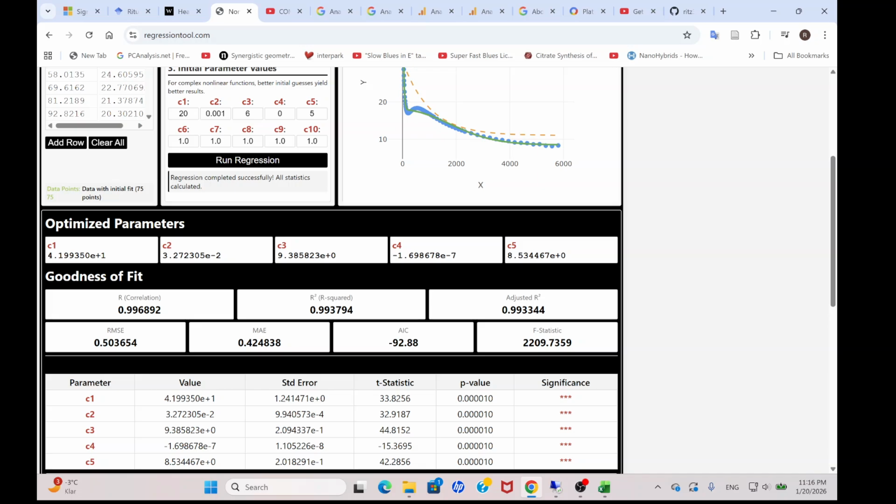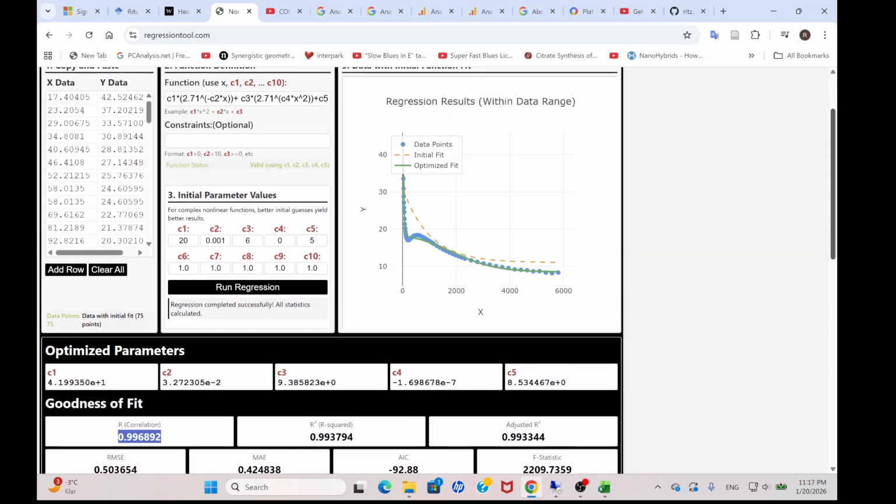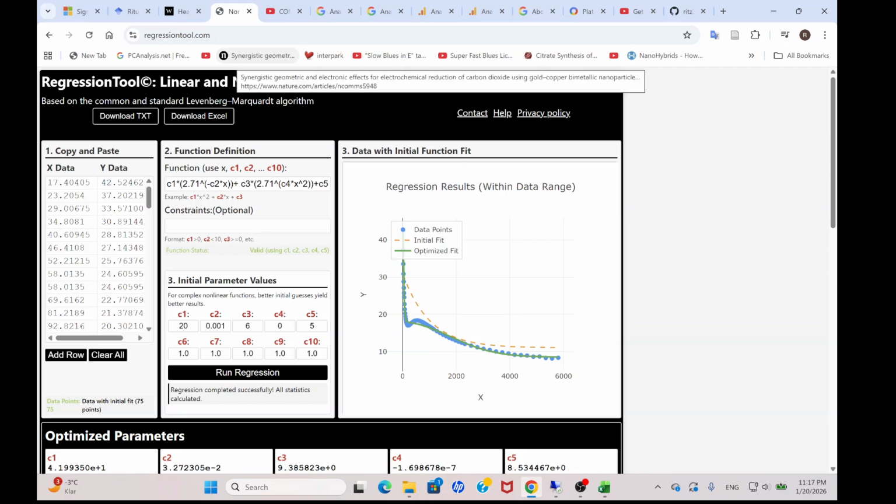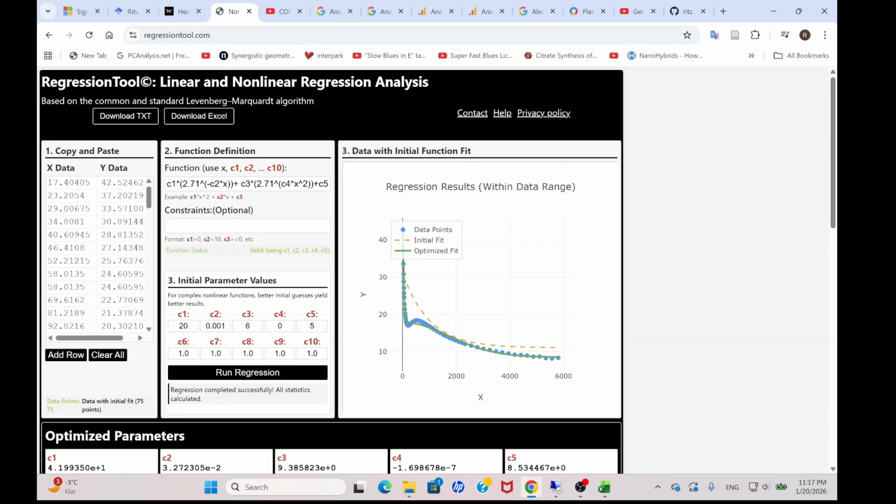And the R square, R, and the adjusted R square are all acceptable. They're good enough to report. So this is how you can do nonlinear regression on regressiontool.com. What is really important here is the initialization, which is also not that difficult actually.